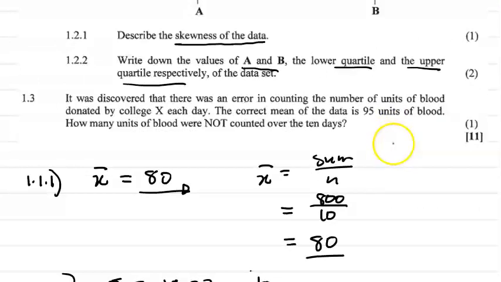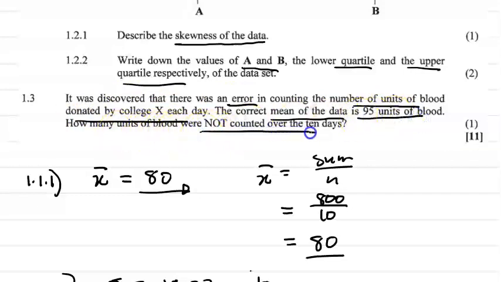Let's answer the last question. If it was discovered that there was an error in counting the number of units of blood donated by College X each day, the correct mean of the data is 95 units of blood. How many units of blood were not counted over the 10 days? So now they're giving us the correct mean.